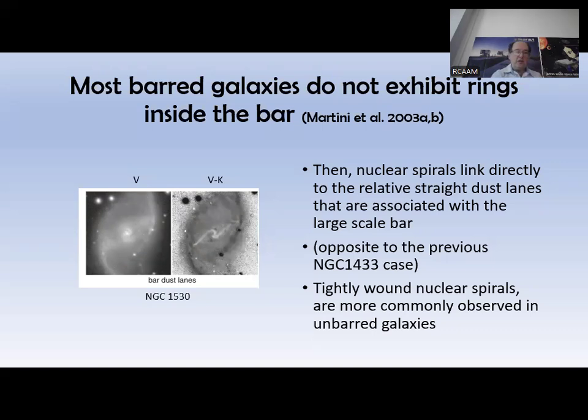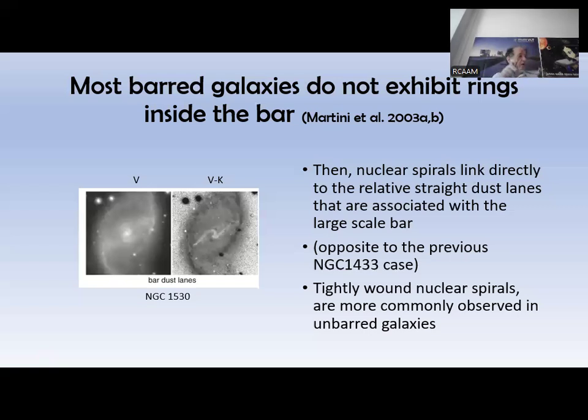For instance, here you can see better in the right image that you have the dust lane shock, the straight line dust lane, something that curves, it comes inside, but in this case we do not have a very well defined nuclear ring. They claim that this is the most frequent case. But of course there are nuclear rings.